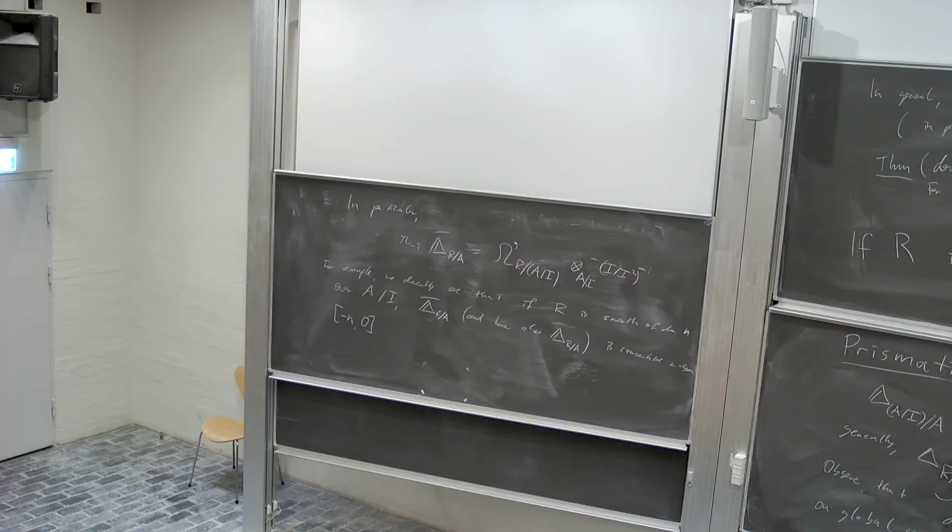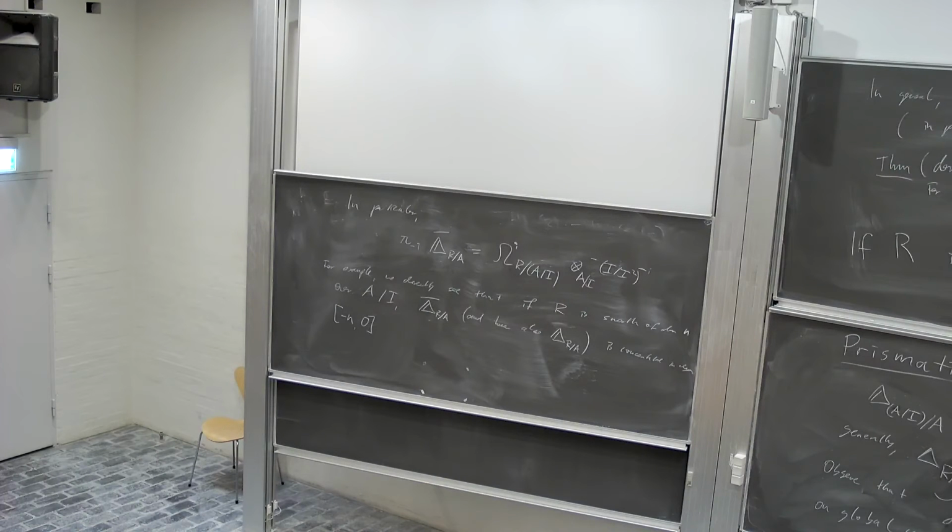And now we haven't yet spelled out how the comparison between TP and TC minus and so on and prismatic cohomology works. I mean, to give a tensor product, I have to provide an action of A on this and on this. And this action is the one that we already have, and this action is the one by phi.